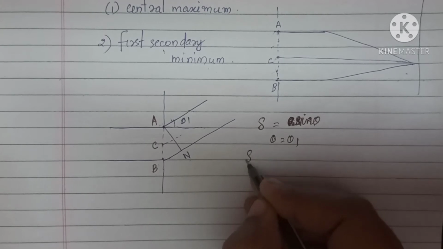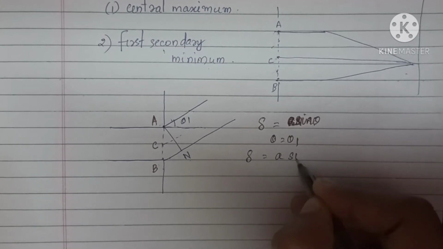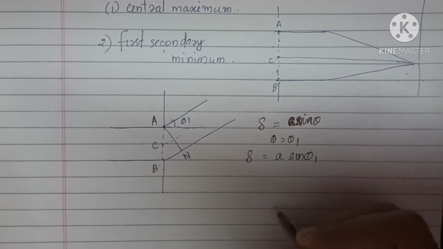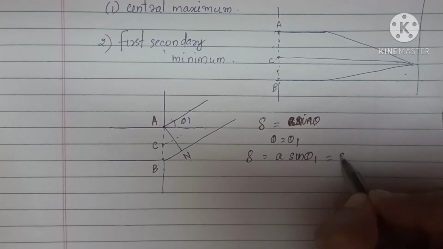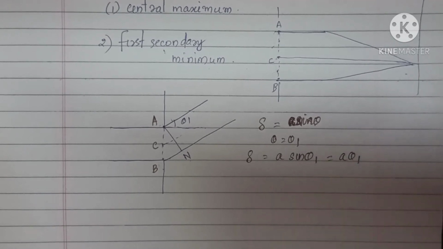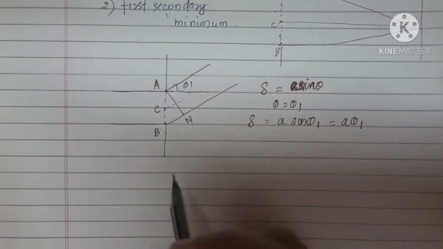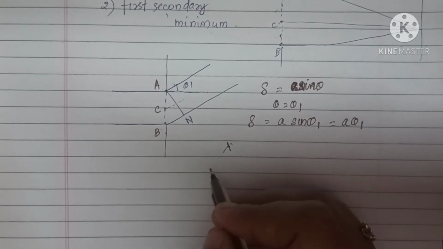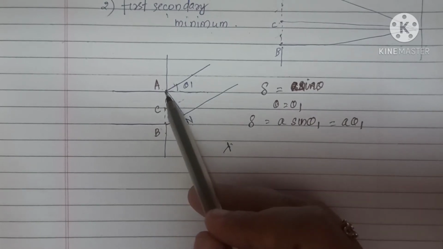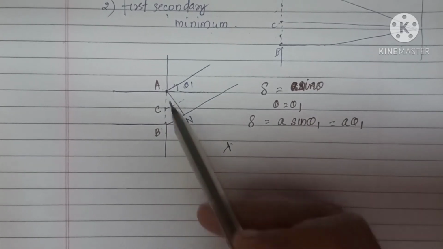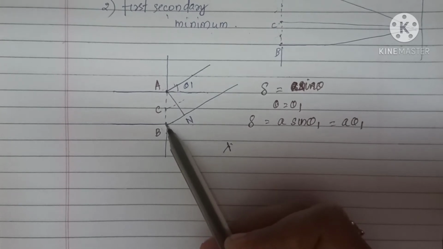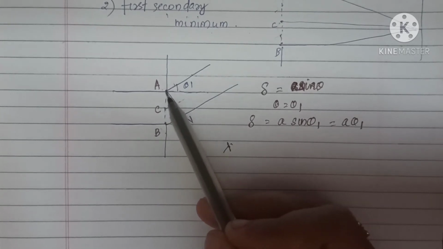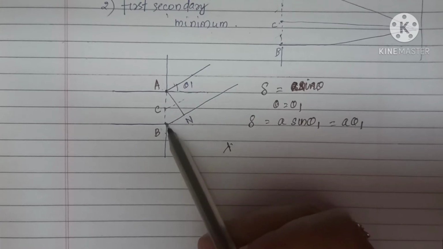So I can write delta equal to A sin theta 1, or since the angle is small, I can write it as A theta 1. Then it is assumed that let delta be the path difference between the wavelets arriving from A and B.